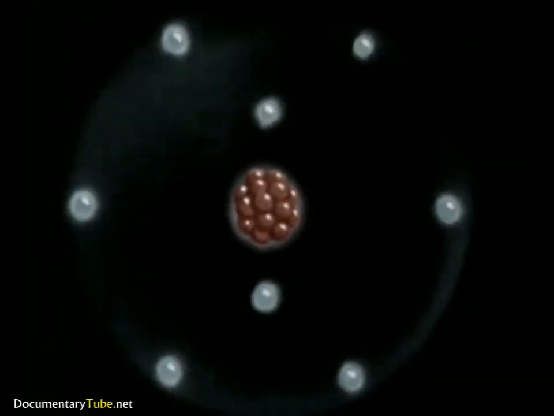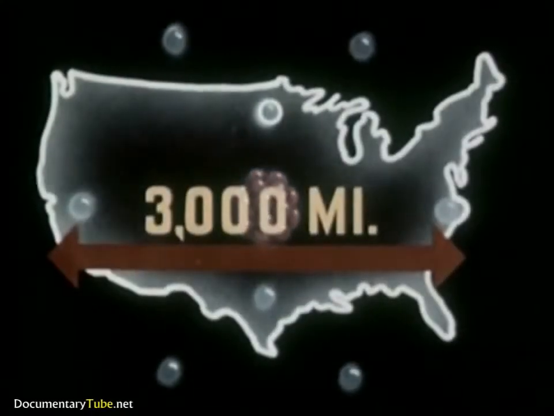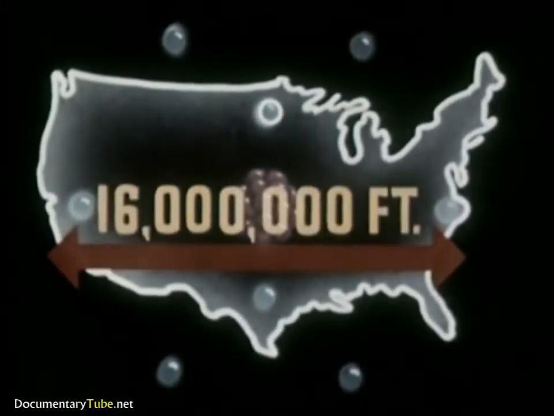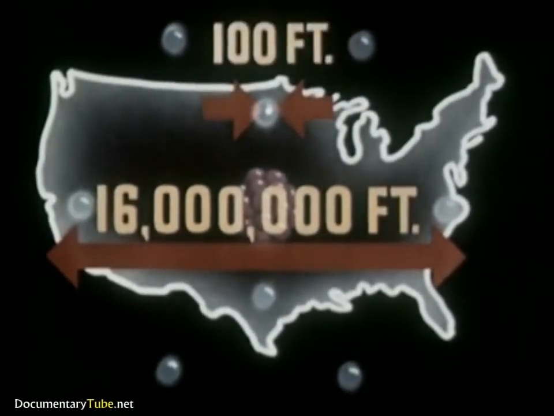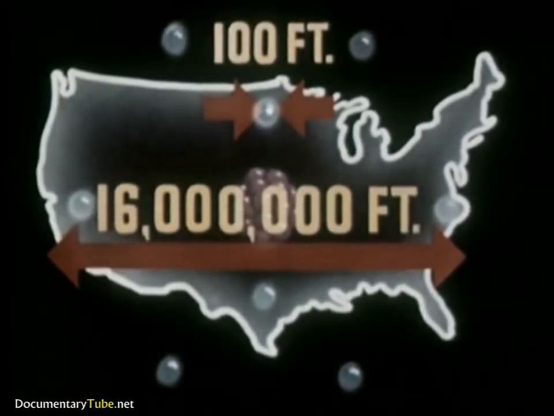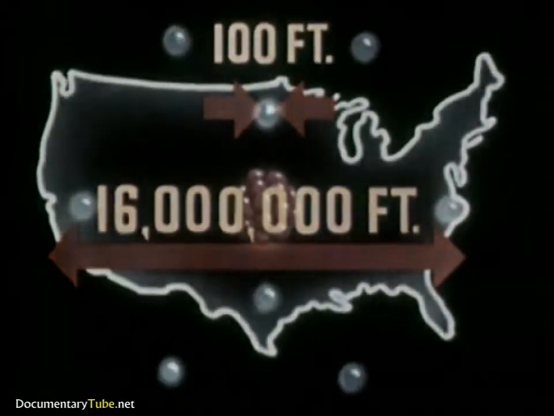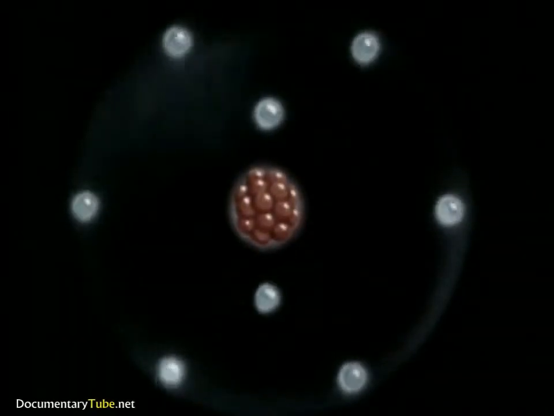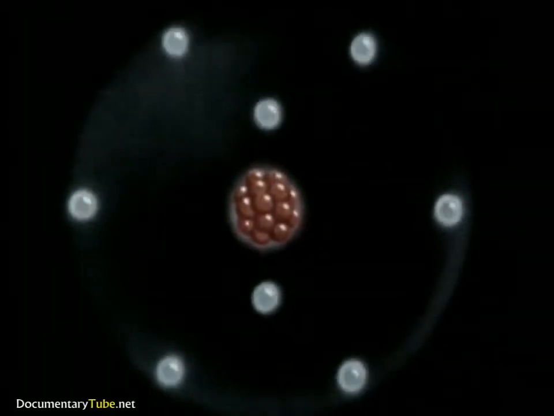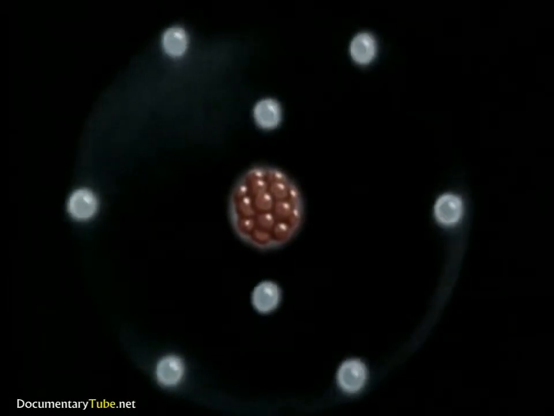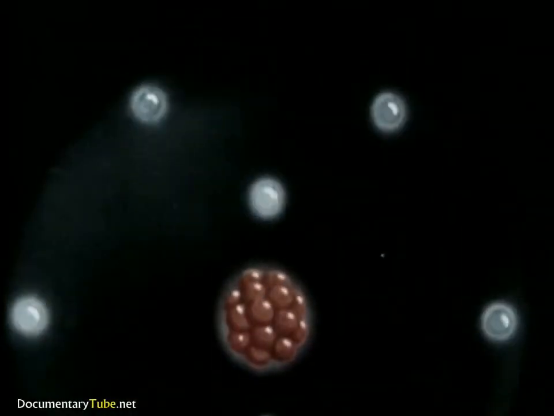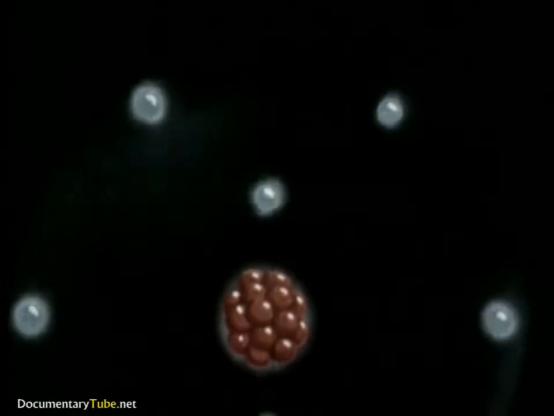For example, if an atom could be as large as the United States, one of its electrons would be only about 100 feet across. Therefore, to tell our story, we must resort to a symbol. Then we can think of the atom as being a group of relatively light, small particles arranged around a heavy nucleus.